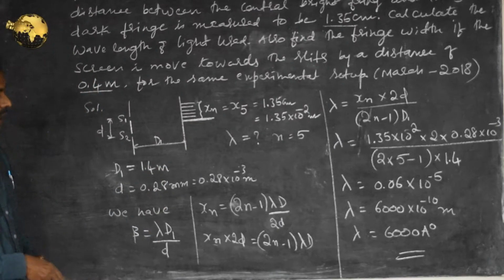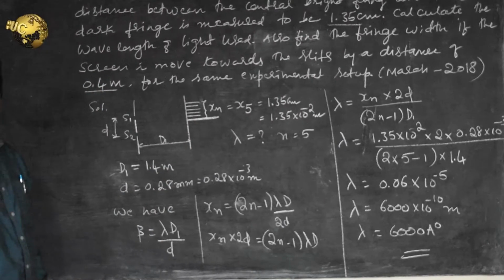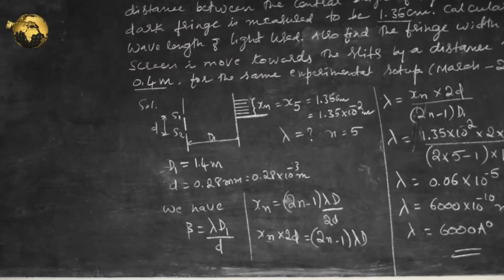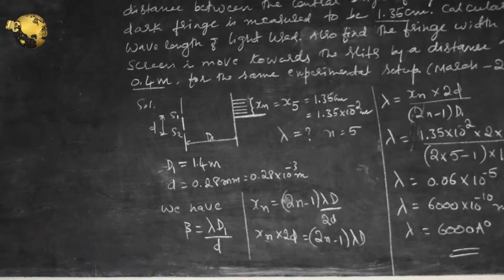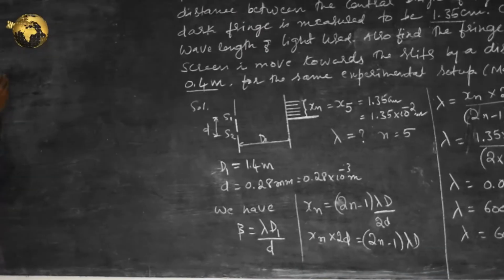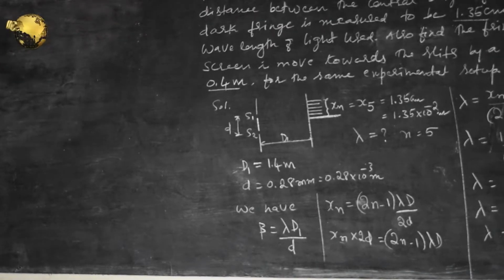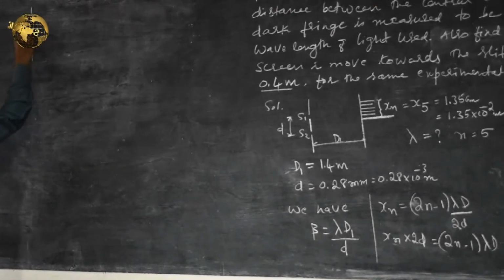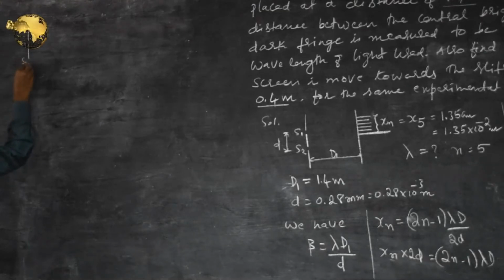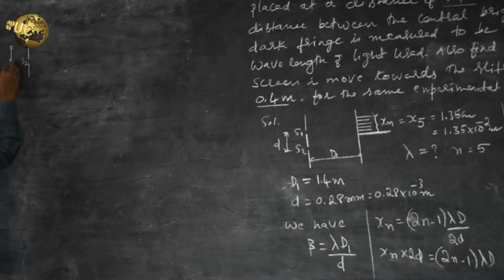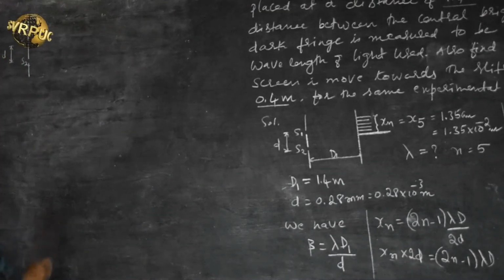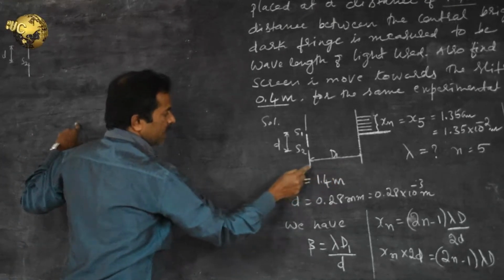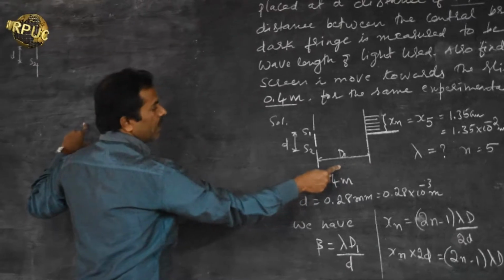Next one. In the second case, this is the slit S1 and S2. The distance between them is d. In the earlier case, the distance between the slit and the screen is 1.4 meter.